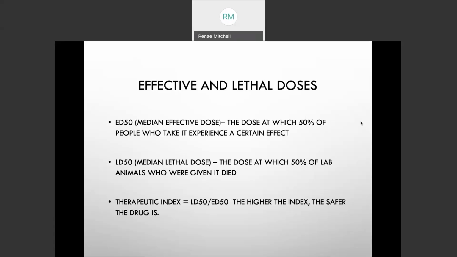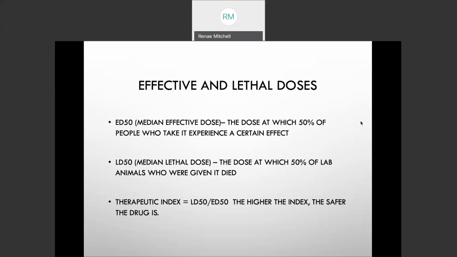So not all drugs are recreational, right? There are many, many drugs that are taken with a specific purpose. And so how do you balance how good a drug is at achieving that purpose versus how much of that drug is toxic? And that's done by calculating the therapeutic index. So, how therapeutic or helpful is a drug?